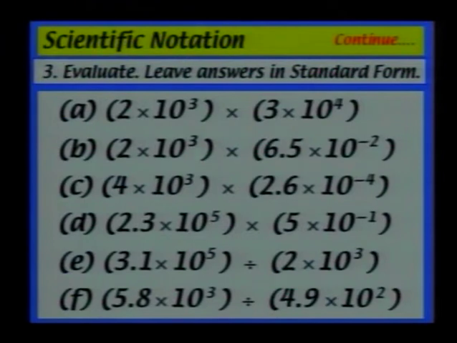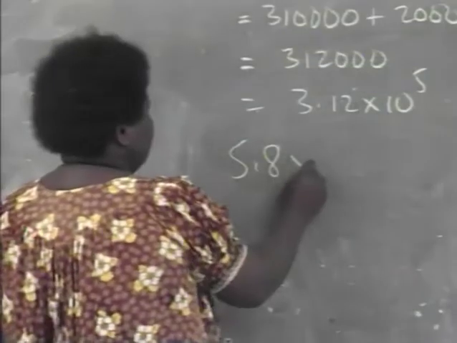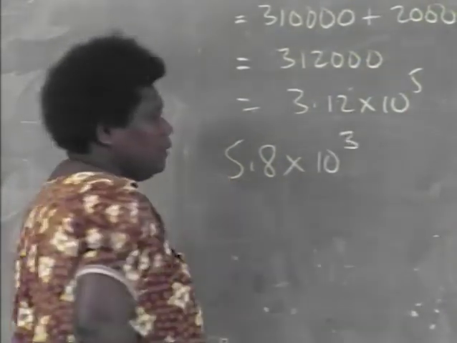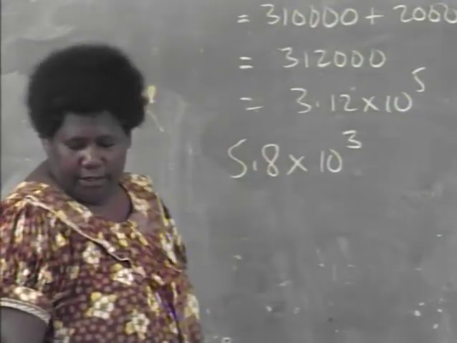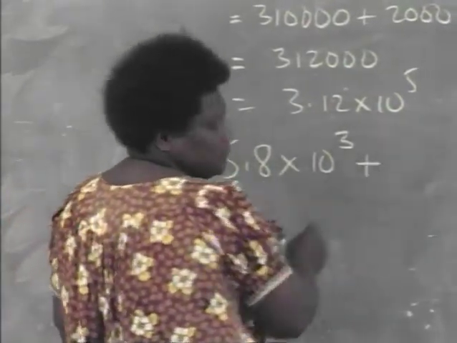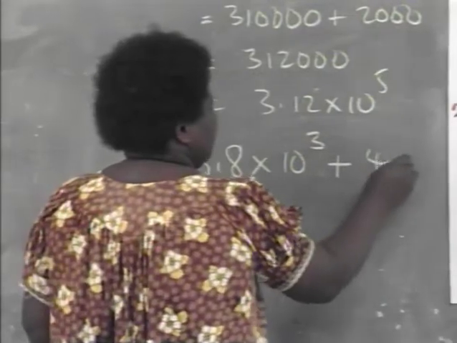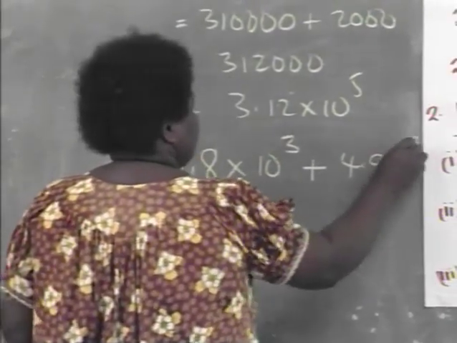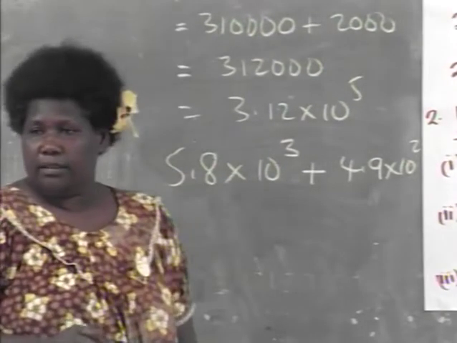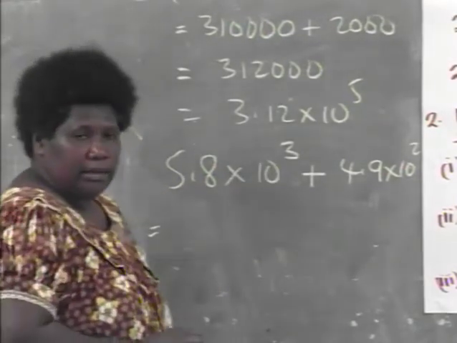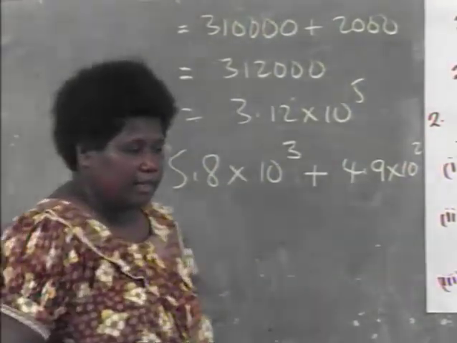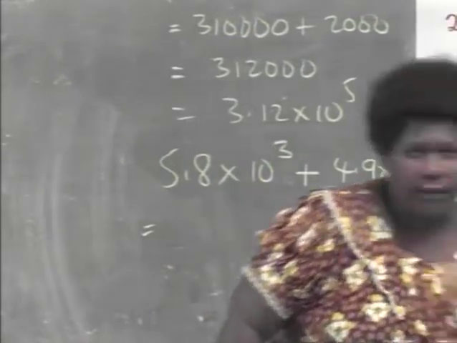Let me just rewrite it so we all know what we are talking about here. If you added 5.8 times 10 to the power of 3 plus 4.9 times 10 squared, did you add? Okay, give us your answer. If your answer is different, then say so we can go through it on the board.